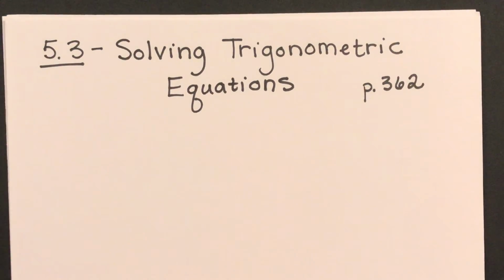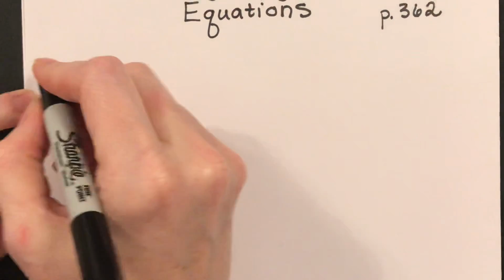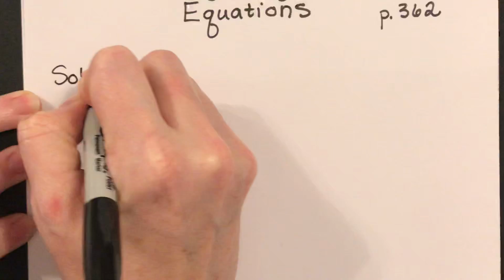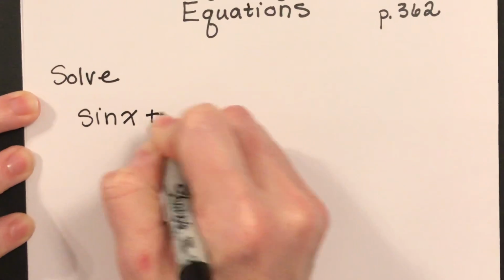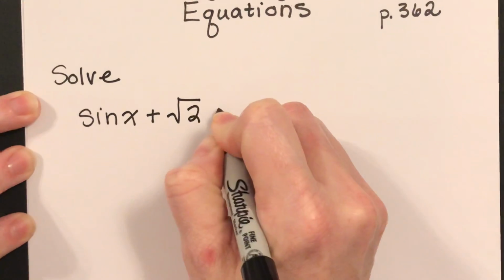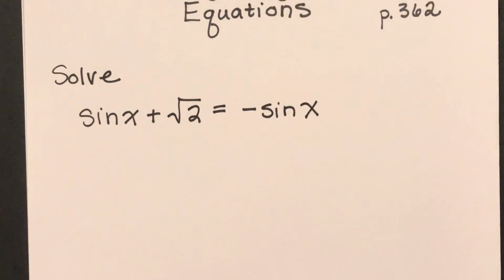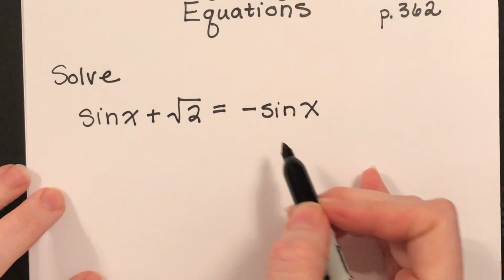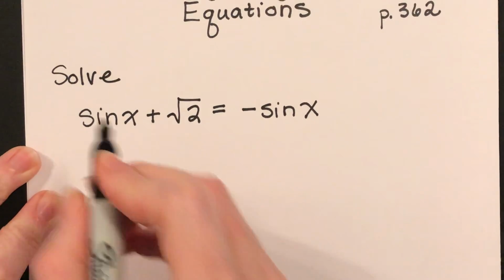All right. Okay, so we're going to do example 1 together, and it'll become more clear. So let's solve sine x plus square root of 2 equals negative sine x. Just like solving any equation, you want to get like terms together. So I'm going to bring this sine x over here with this sine x.